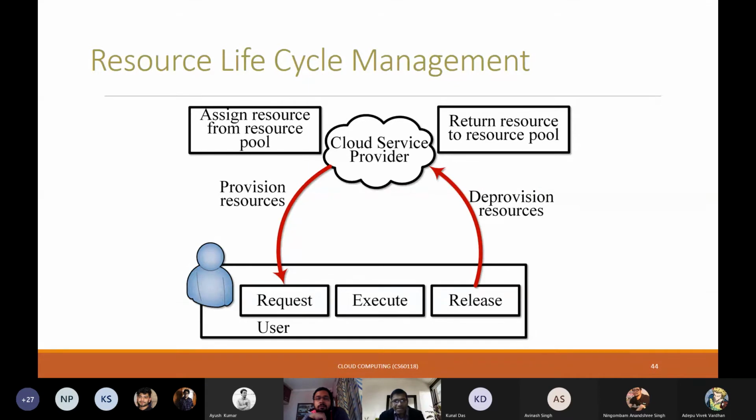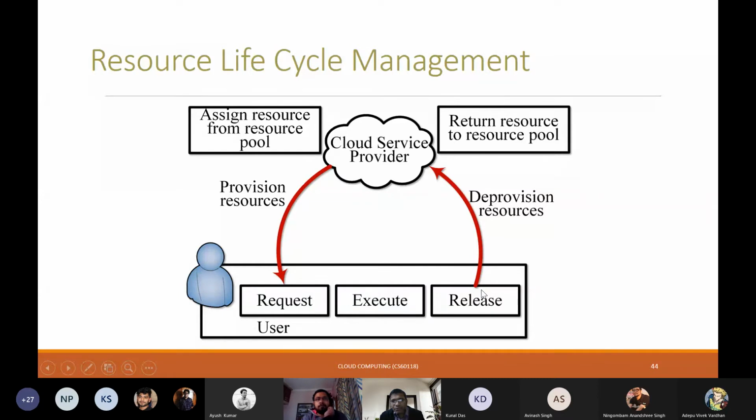The end users request these resources, and they are provisioned, packaged, and made available to them. They start using them for any kind of execution or computational requirements. Whenever they are not used, these resources are released. So between request and release, there is this execution, that means the use of these resources.